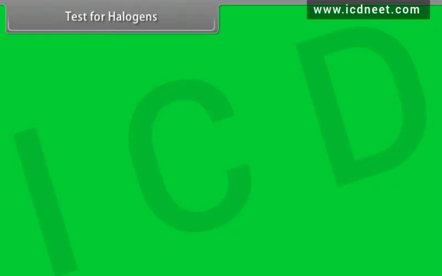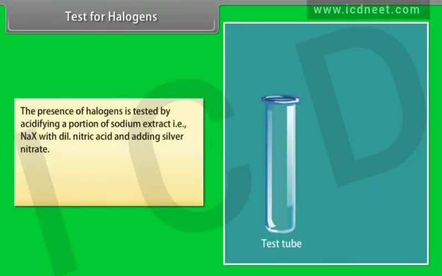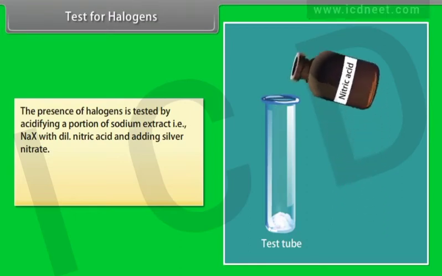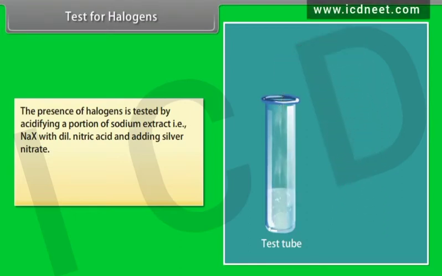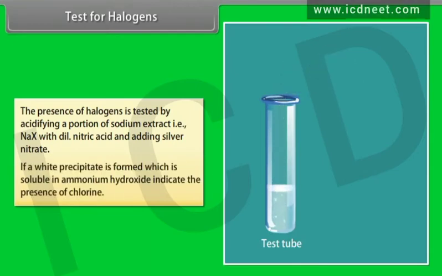Test for halogens. The presence of halogens is tested by acidifying a portion of the sodium extract, that is NaX, with dilute nitric acid and adding silver nitrate. If a white precipitate is formed which is soluble in ammonium hydroxide, it indicates the presence of chlorine.